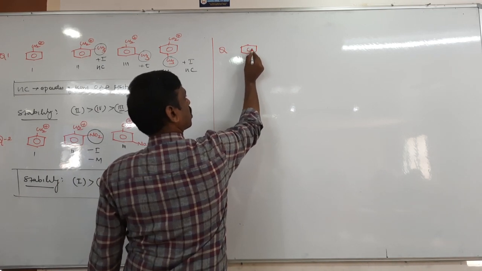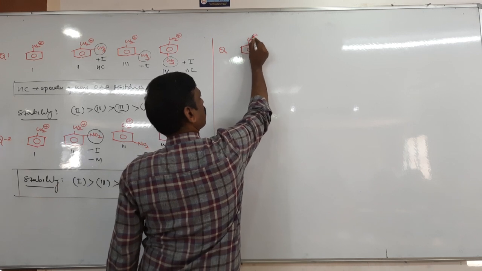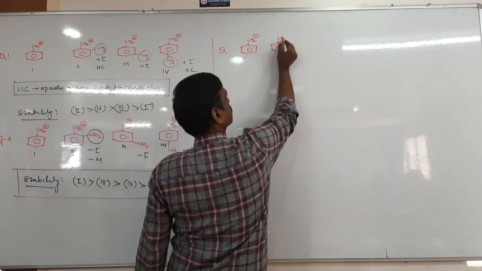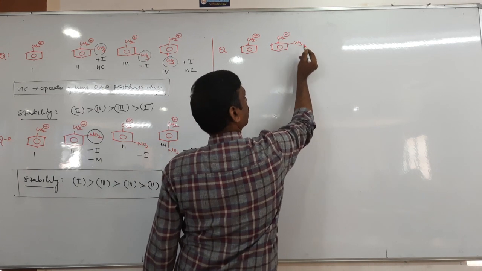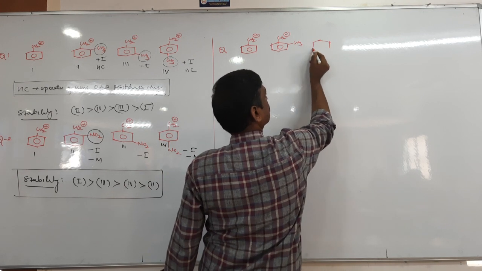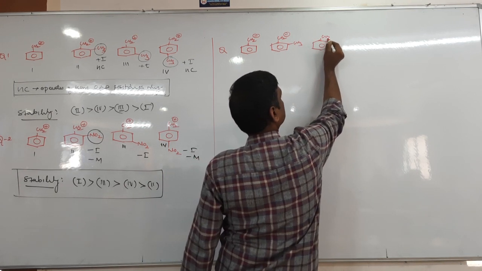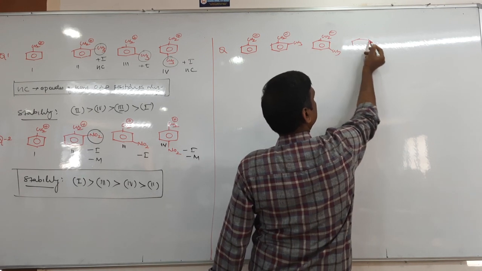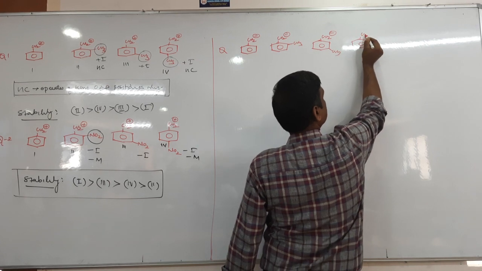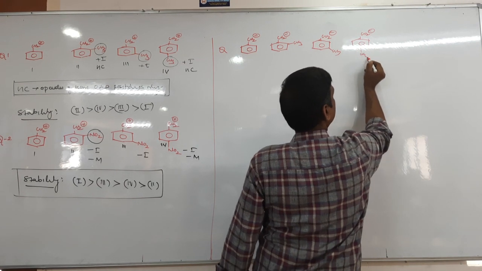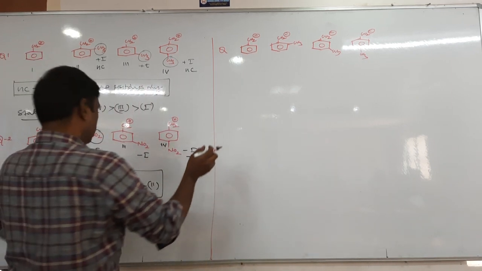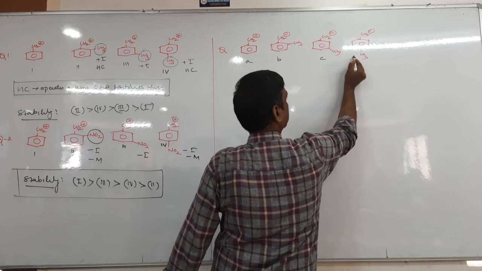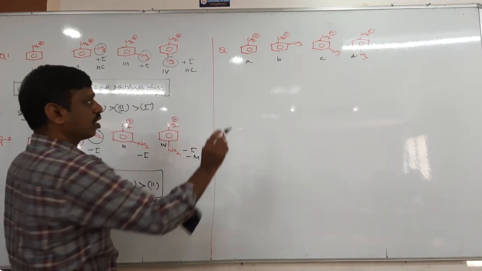Benzylic carbanion, CH2 minus; CH2 minus with methyl group; CH2 minus with meta position methyl group; para position methyl group. So let us take, this is A, B, C, D. What is the order of stability?